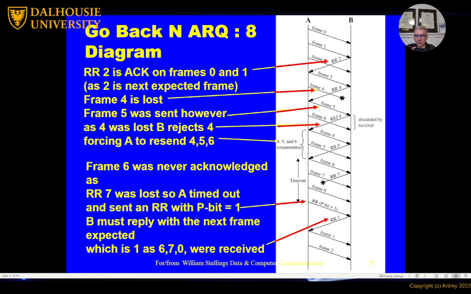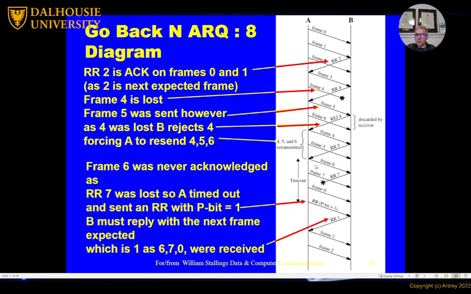I'm sending frame 4, frame 5, and frame 6 again. That's why we call it go back N protocol, because we are going back 3 frames and sending all of them again, not just the missing frame, but all of them, since the last one that was rejected.